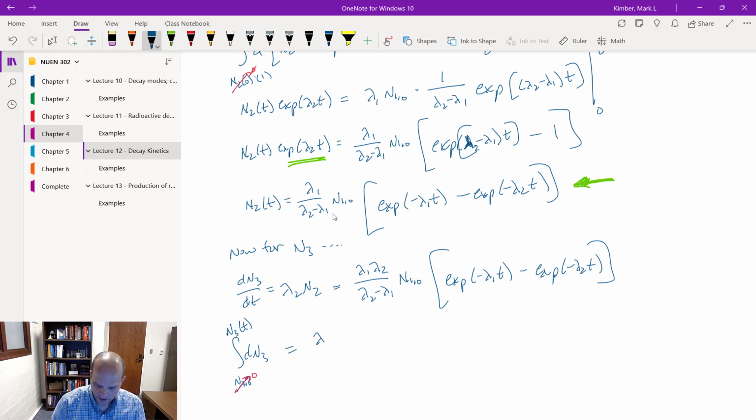And on the right-hand side, I'll bring all this out: lambda 1, the initial inventory of the first isotope. And you see this N1 naught, my initial count of atoms that are all isotope number 1, is going to get carried through each of these. And then I want to just integrate this from 0 to t, exponential of minus lambda 1t.